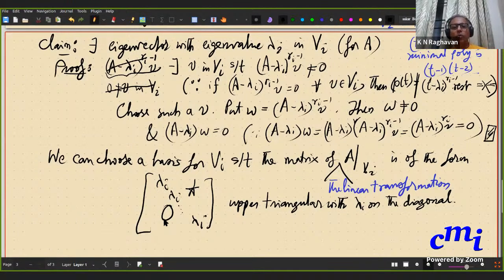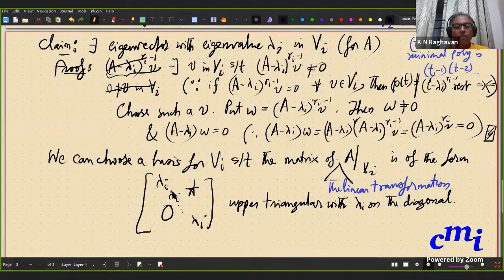Then you observe the space spanned by V1, and you go modulo that. By the same argument, you have an eigenvector in that quotient space. So choose an eigenvector for eigenvalue lambda I in the quotient space, and call its lift back in Vi V2.